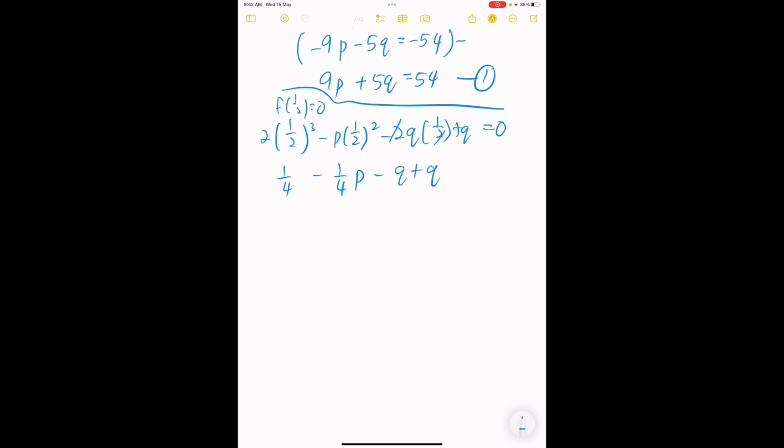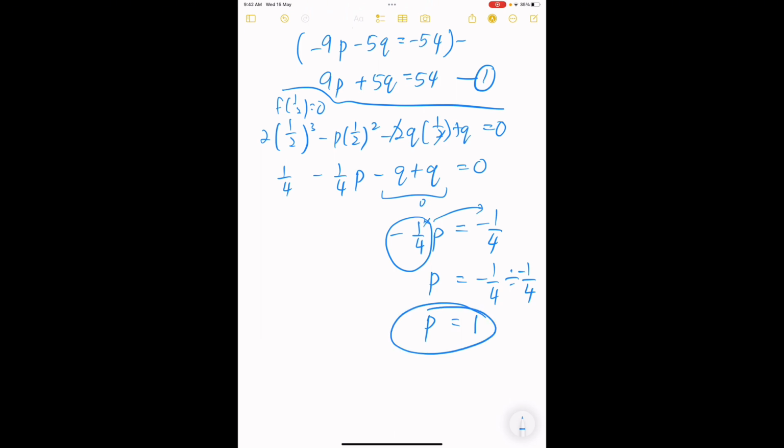This one and this one cancel, can multiply already, equals 0. So this one will be 0. And then you will have minus 1 over 4 p equal to minus 1 over 4. So your p is, this is multiply, you bring 1 over 4 to the right, becomes divide minus 1 over 4. So use your calculator to find the value, which is 1. And then you already have your p equals 1.